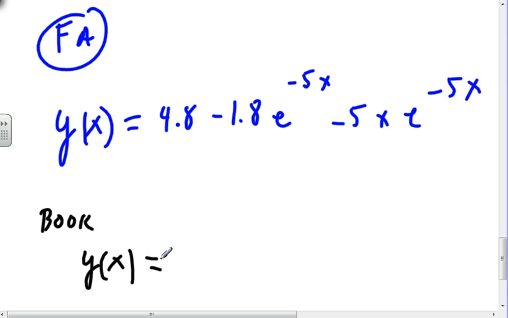No, 24 divided by 5 is what? Yeah, that's 4.8. So it wants 4.8 minus, 9 goes into 5, that's 1.8. Yep, same answer.